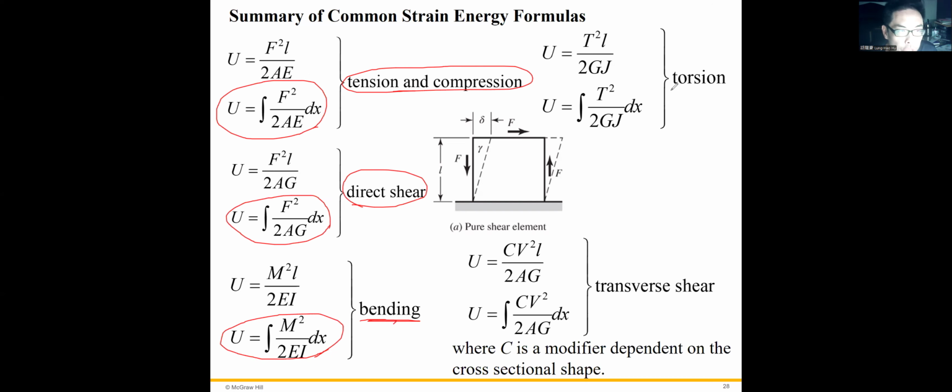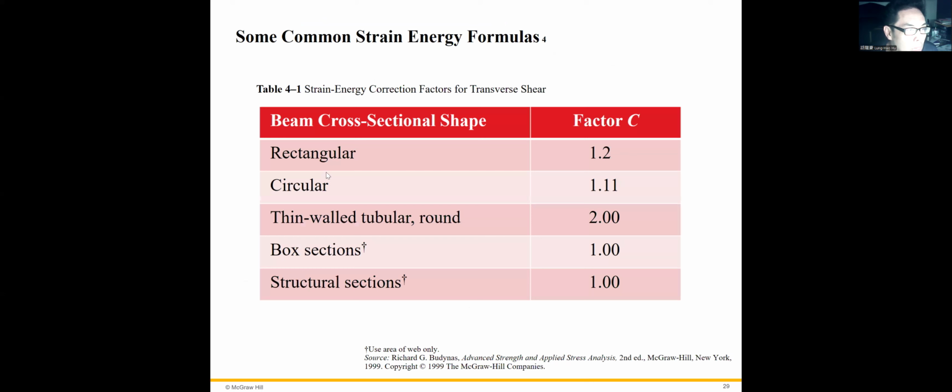For torsion, this is its strain energy. And for transverse shear, this is the strain energy, where C is the modifier that depends on the cross-section shape, right? So what I mentioned before. This is what is usually used for the transverse shear, the factor C.